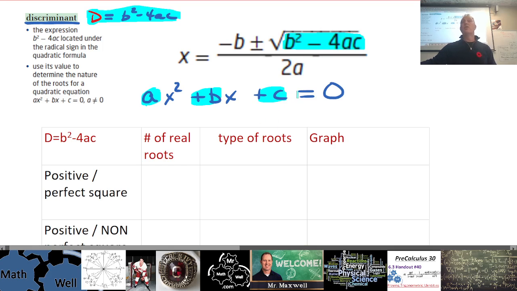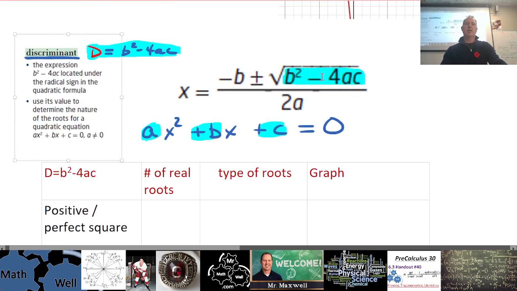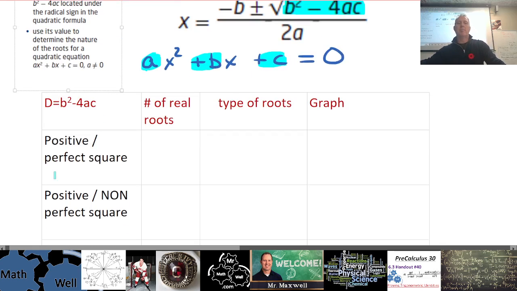So you do need to know what A, B, and C are in order to use this formula, and obviously A, B, and C are in the discriminant. You've already started to jot down this table. If the discriminant, b squared minus 4ac, is a positive perfect square number, so the actual value underneath the root sign is a positive number and a perfect square, an example would be the discriminant is 9.